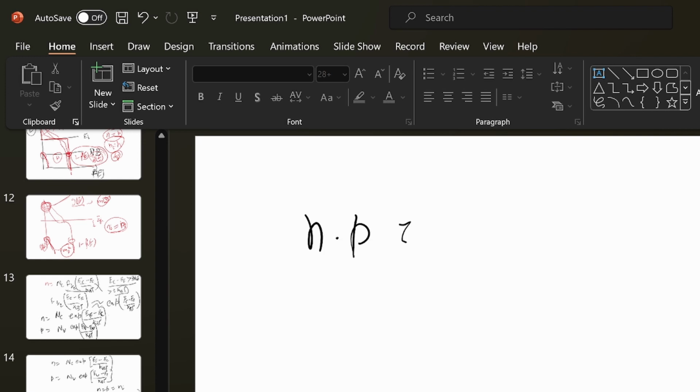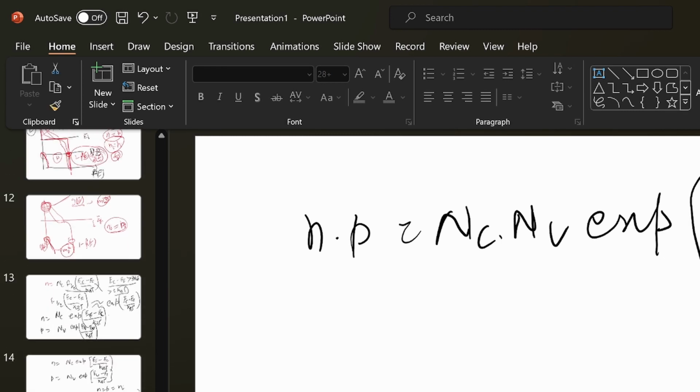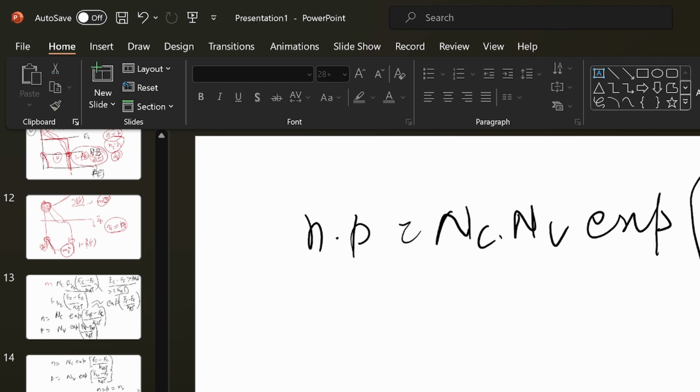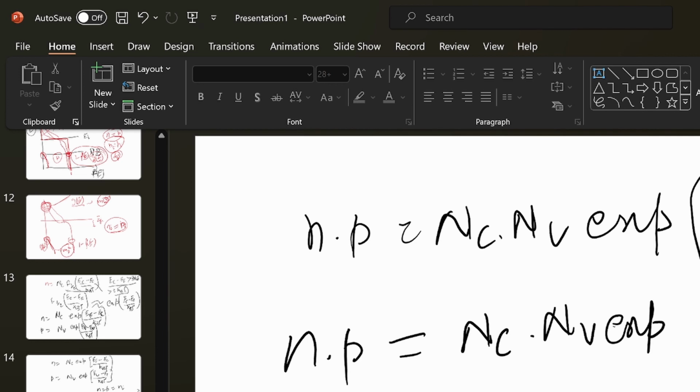The EF will cancel out, so what will be left is minus of (EC minus EV) divided by kBT. EC minus EV is nothing but the band gap, so n into p is equal to Nc into Nv into exponential of minus Eg divided by kBT.